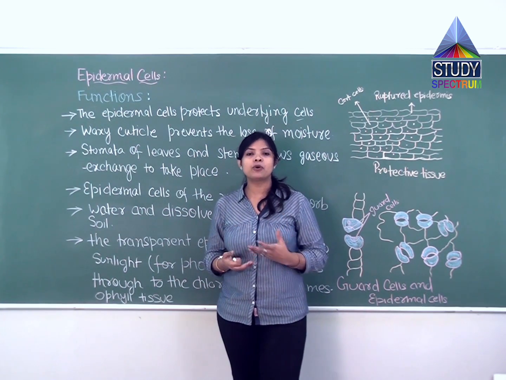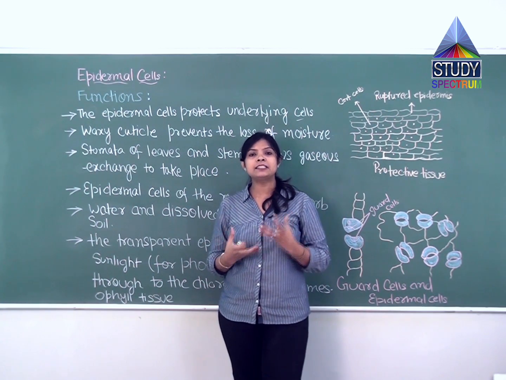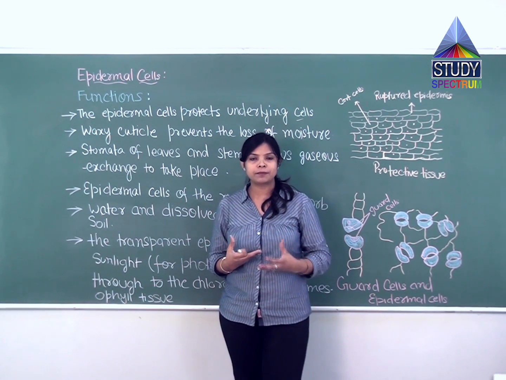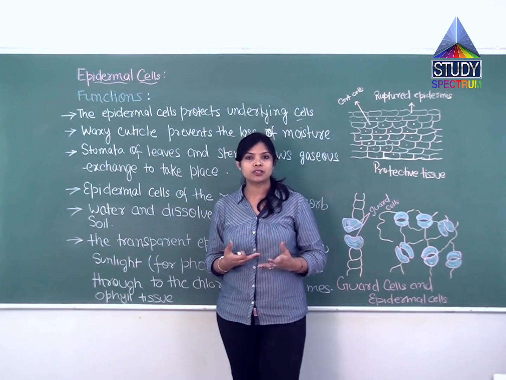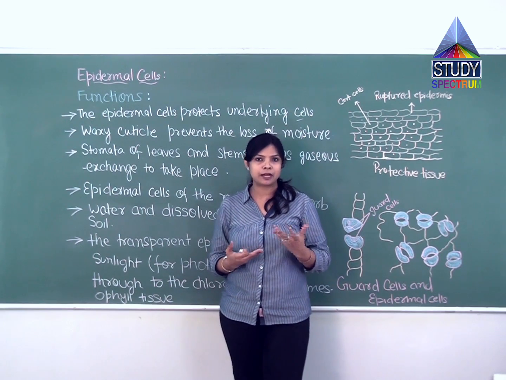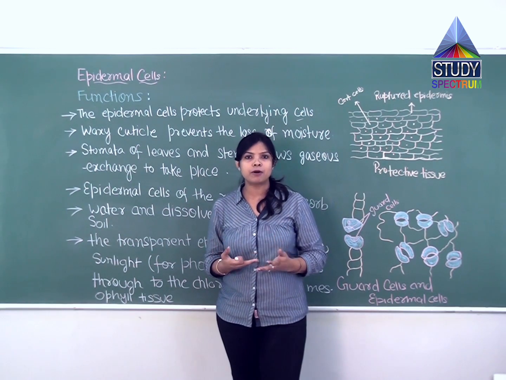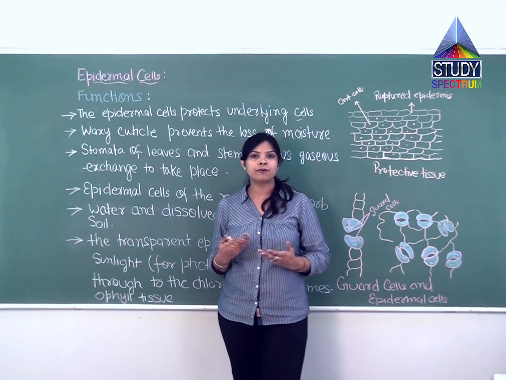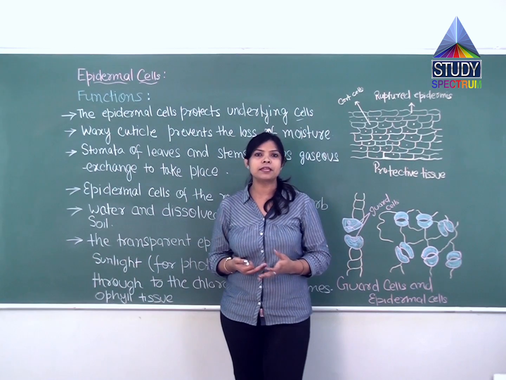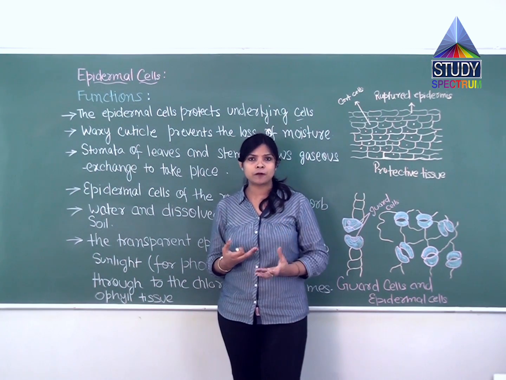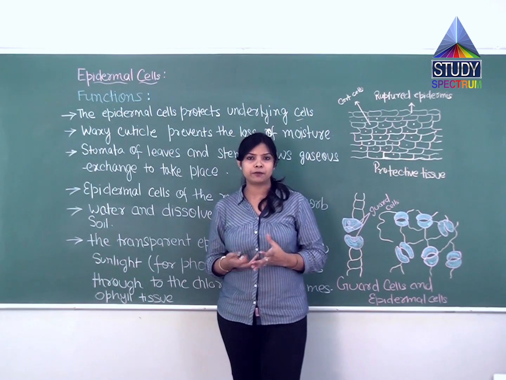So what is the role of this? These pores help in the exchange of gases with the atmosphere, carbon dioxide and oxygen. This is very important for photosynthesis, the food making process in plants, in which stomata absorb carbon dioxide from the atmosphere.